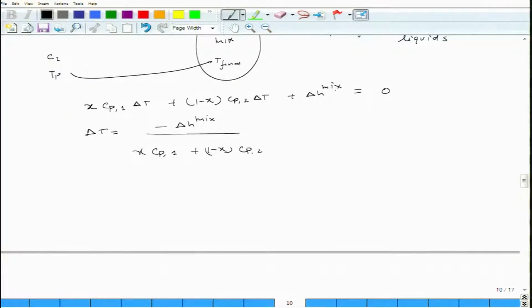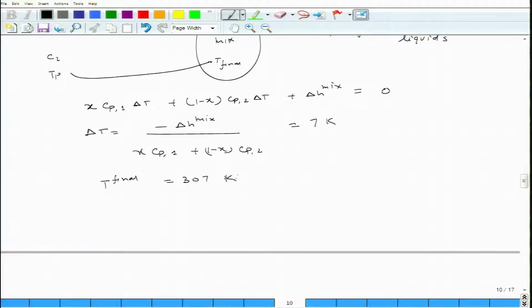So, when we put that delta H mix for 300 Kelvin, we get 7 Kelvin. Okay. Now, which essentially means T final is 307. So, this is our first iteration.